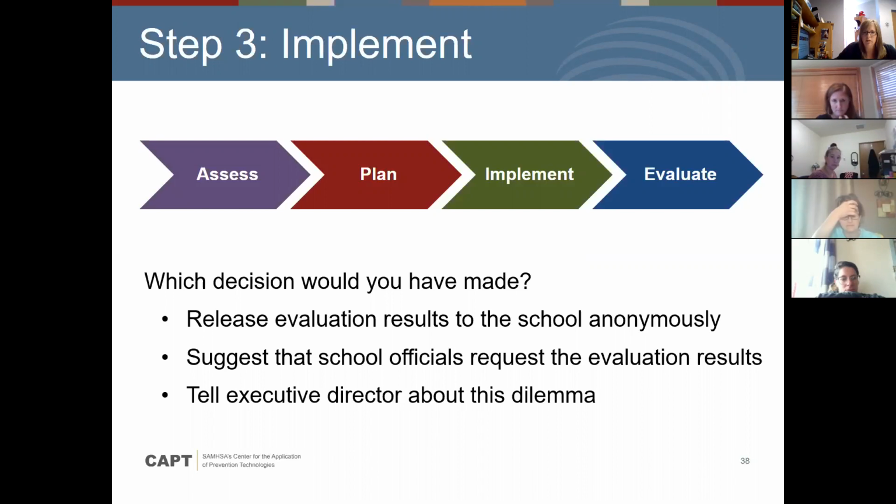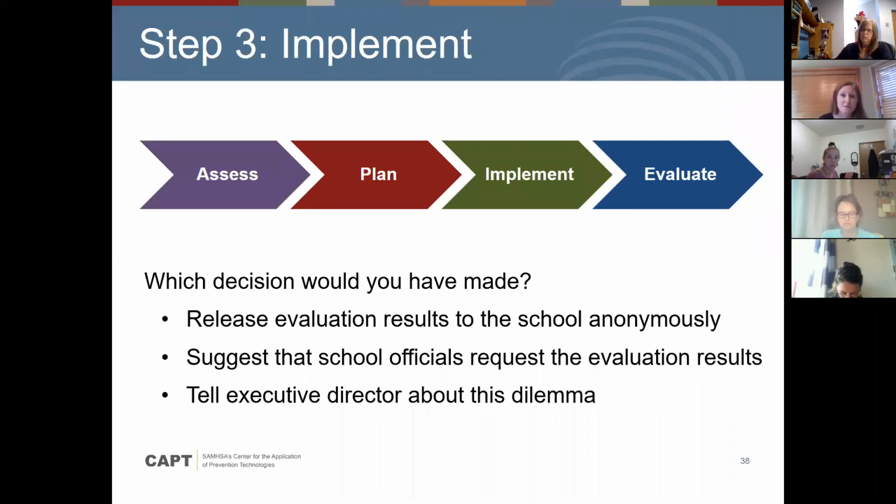Okay, and there you go, Michelle. The majority said they would tell the executive director about the dilemma. And there really wasn't a wrong decision here. No matter what you put there, 13% did one, 25% did two, and then 63% did the third one. The important point is that he had to take action because it was an unethical behavior in his workforce.